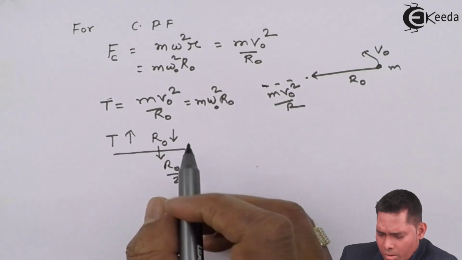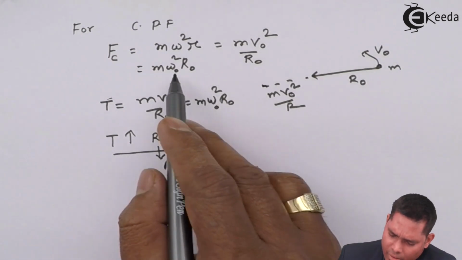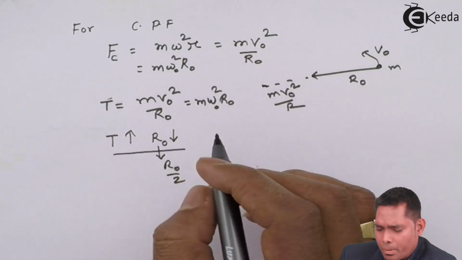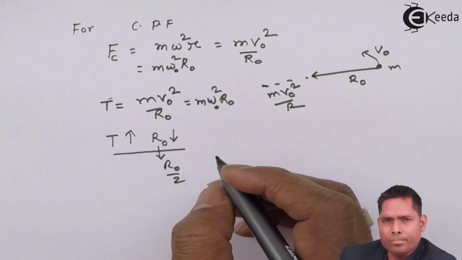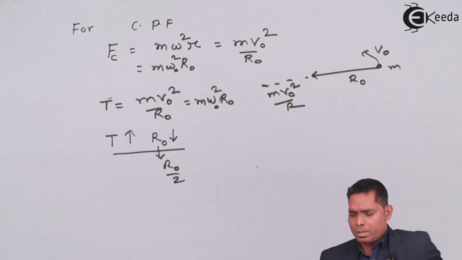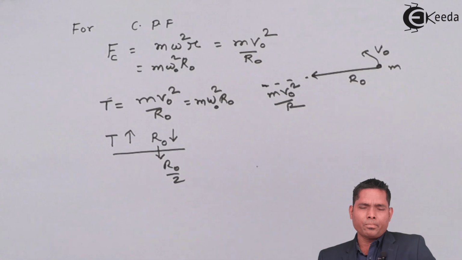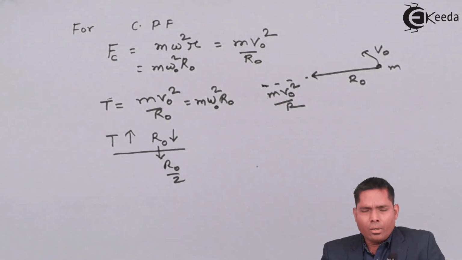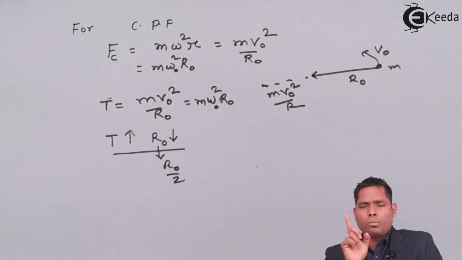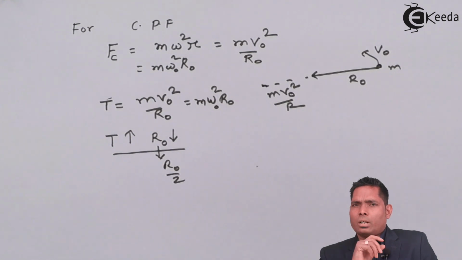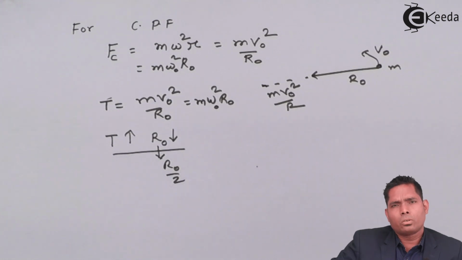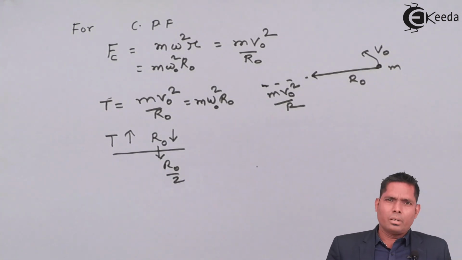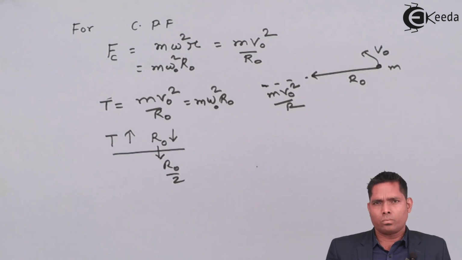I will say that I have to apply the principle of conservation of angular momentum. Why should I apply the principle of conservation of angular momentum? Because here, when the particle is moving in a circle with tension being provided by an external agent, the torque about the center of the circle is 0.